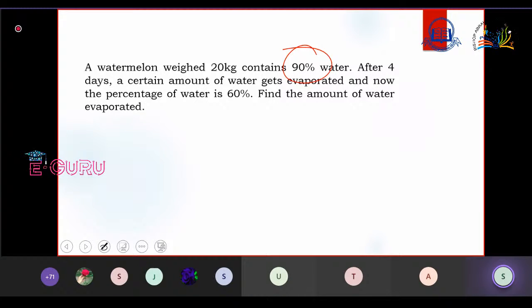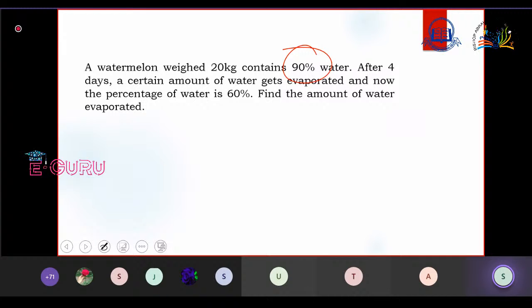Another interesting question. When it comes to watermelon or sugar solution or salt solution, questions of that nature, you should understand that evaporation will happen to the liquid part only. The solid part will always remain the same, because the solid part can never get evaporated, right? If the solid part were getting evaporated, we would never exist.